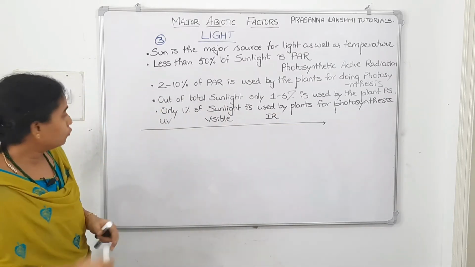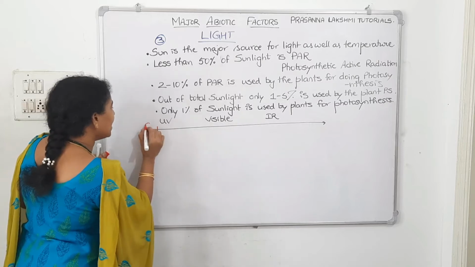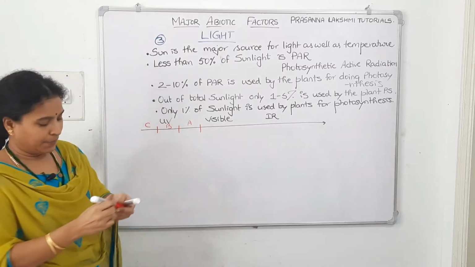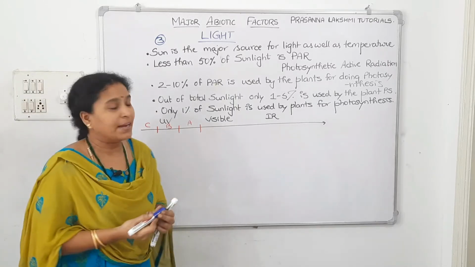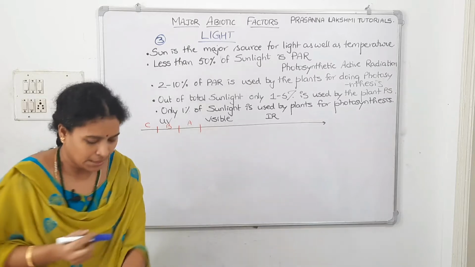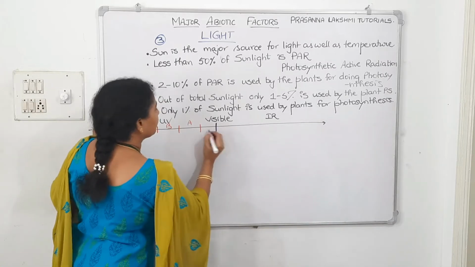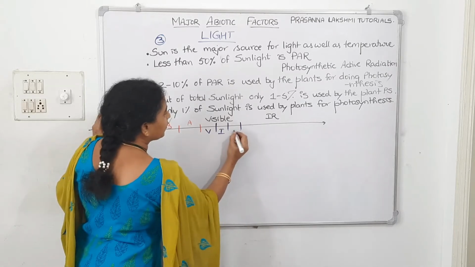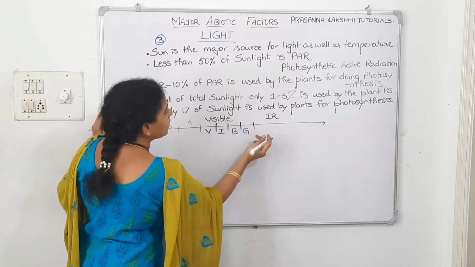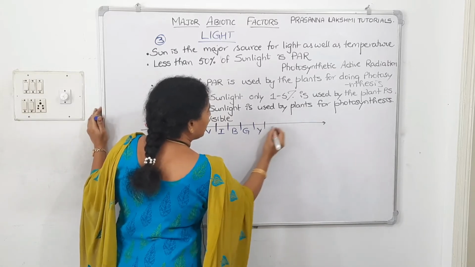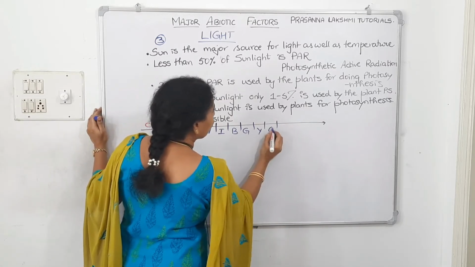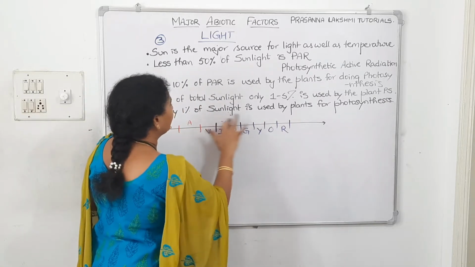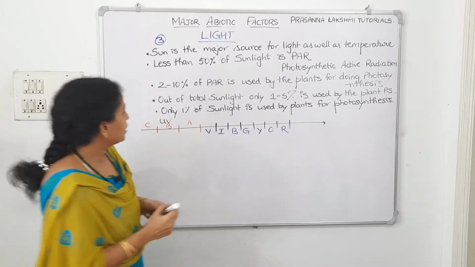UV is divided into UVC, UVB and UVA, and visible light is divided into violet, indigo, blue, green, yellow, orange and red, VIBGYOR. This is the visible range.